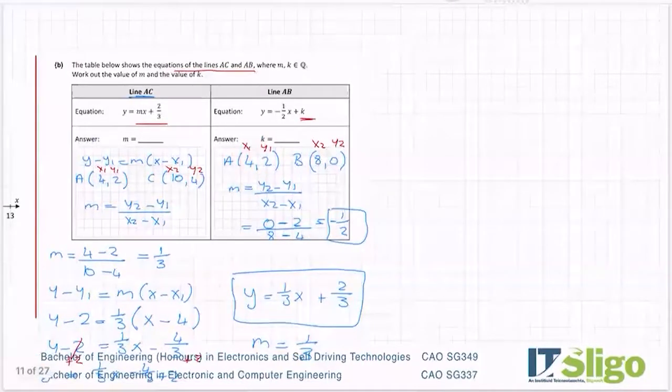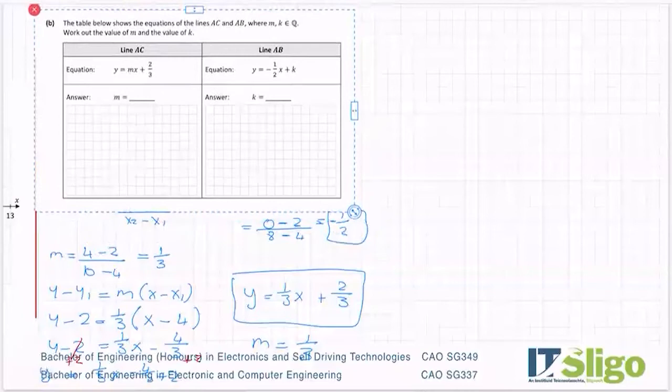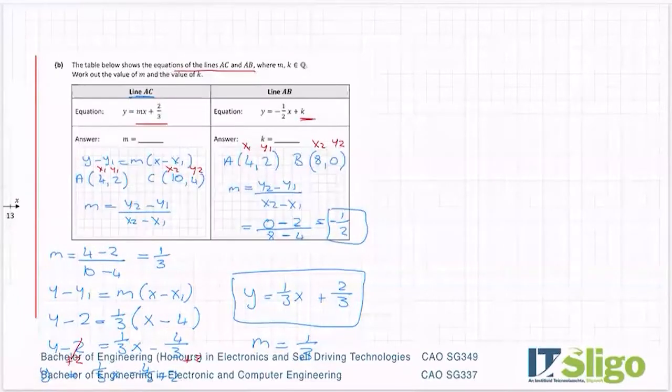Okay, I've just copied that over from the other page. Okay, so my slope is minus a half.